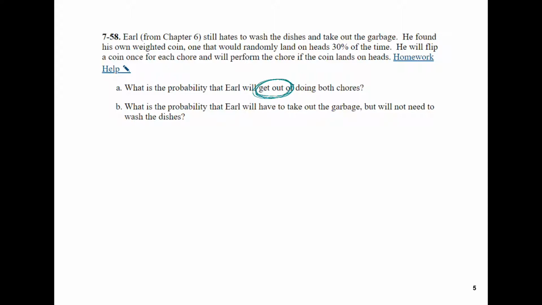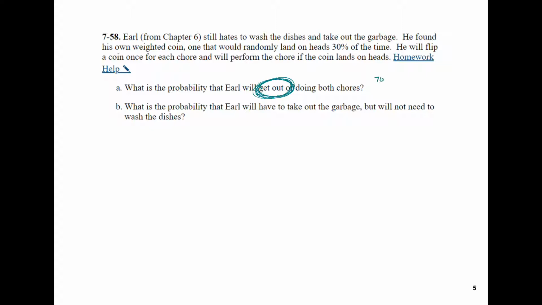"Get out" is our key word for doing both chores. When he flips the coin, there is a 30% chance he will have to do the chore. So if he wants to get out of doing the chores, there is a 70% chance that he will get out using his coin.